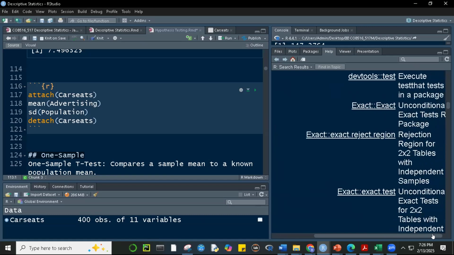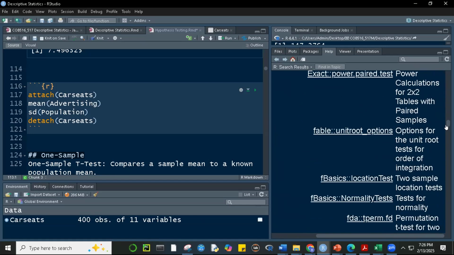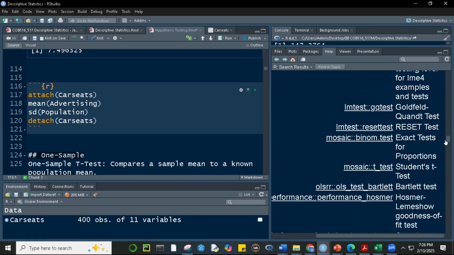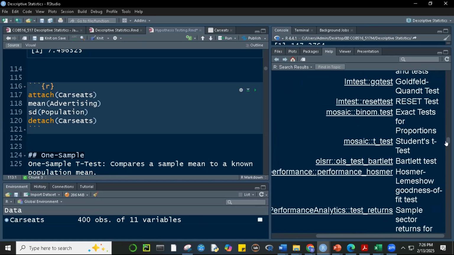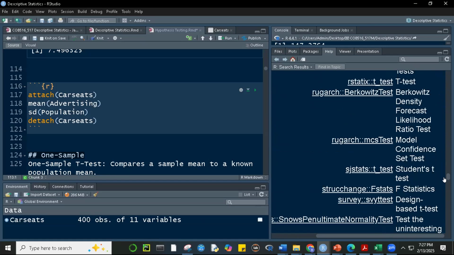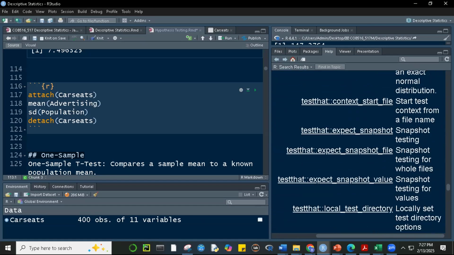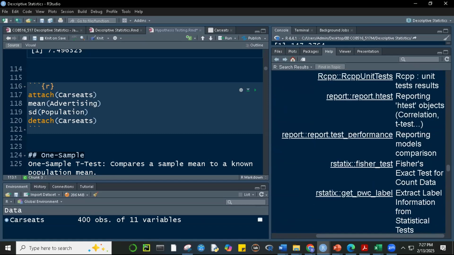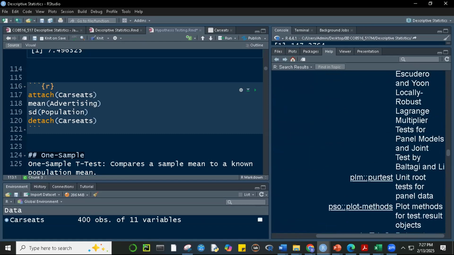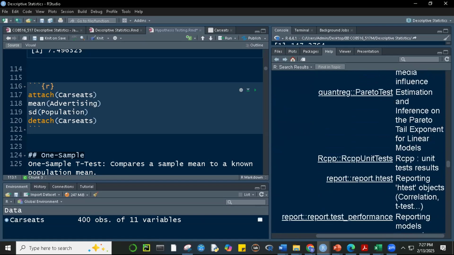The problem sometimes is that there are so many, you don't know which. Where is that t dot test? It might be the Student's t-test, or usually it's from the stats package. Let's see, stats package. No, it's not.